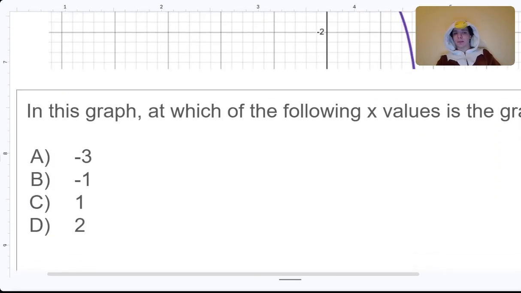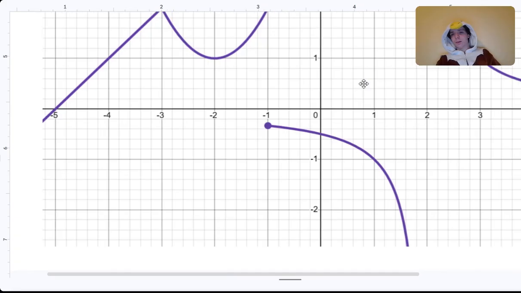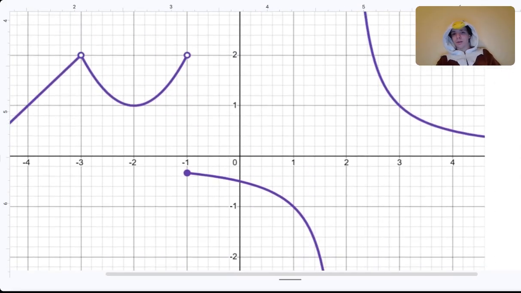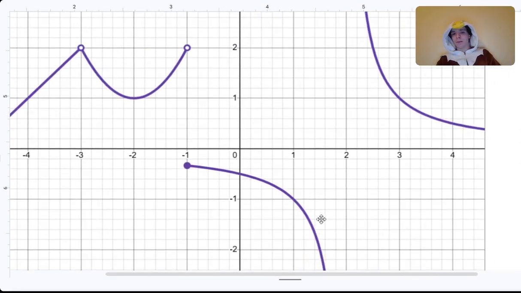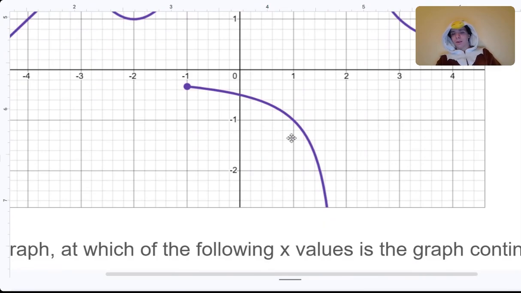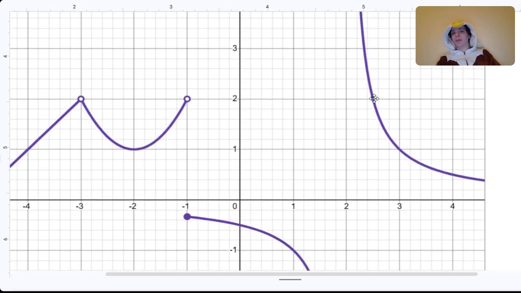And then what about at x equals 2? Well, at x equals 2, we got this one going off downwards with no bound. It's decreasing without bound. And this one's increasing without bound. So they're going off to infinity.